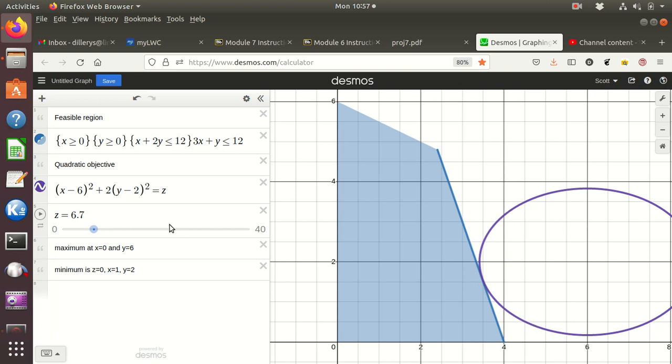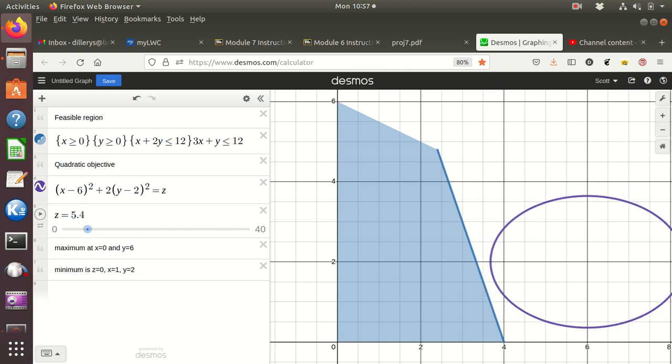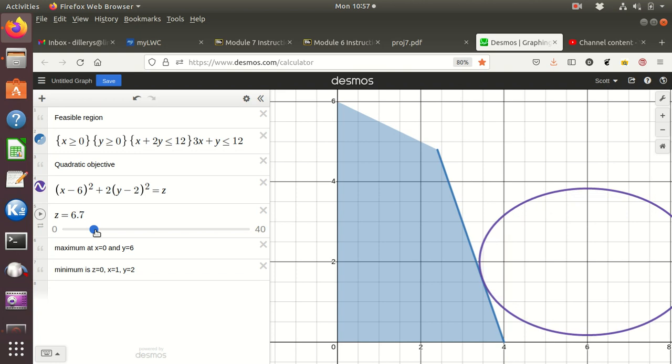Because if I make z any smaller, this ellipse does not touch anything in the feasible region, so I have to make it a little bigger to make it feasible. So it's right in there somewhere, around z equal 6.7, and around x equal 3 and y equal 1.5.